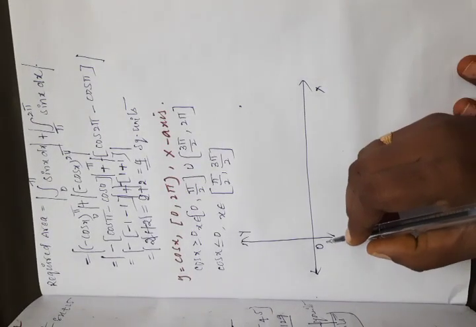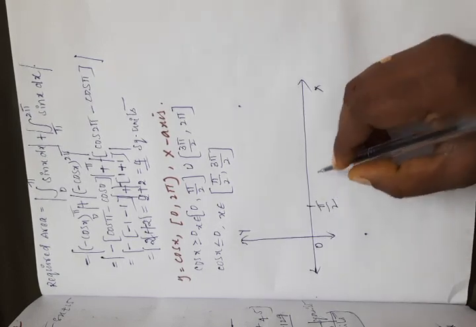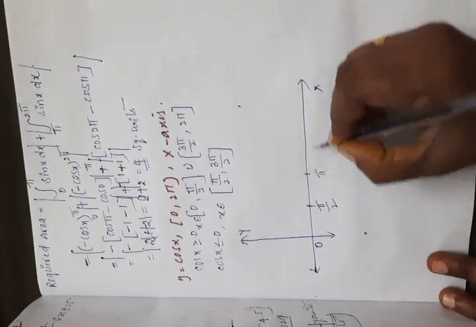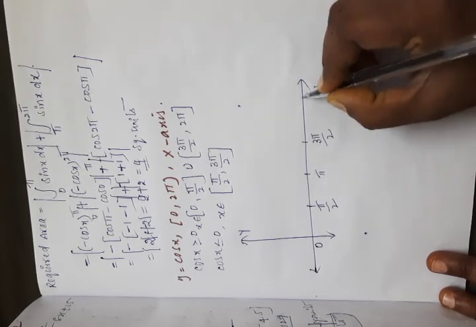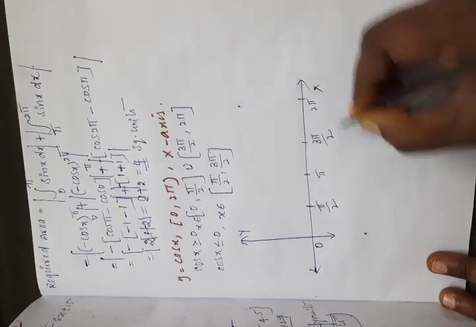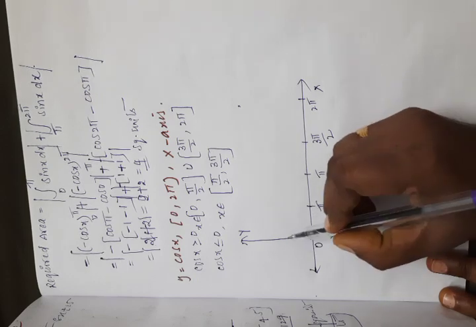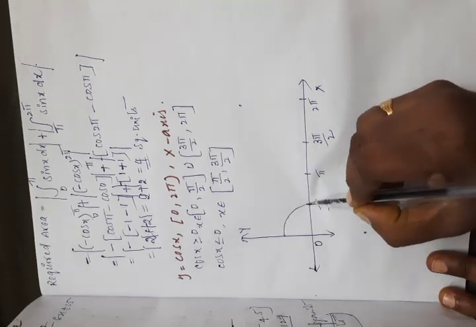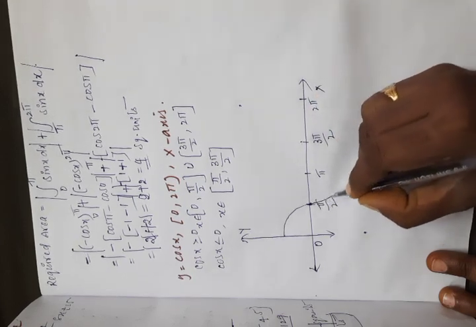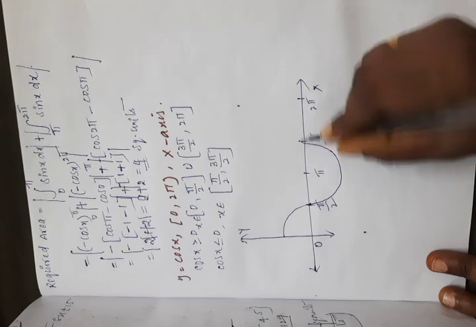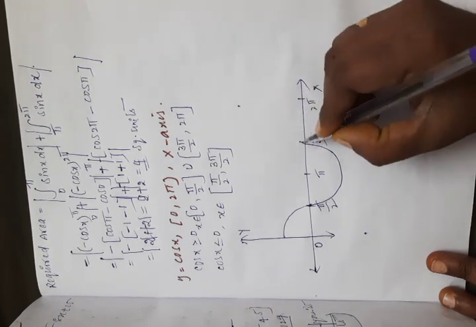This is pi by 2, this is pi, this is 3 pi by 2, this is 2 pi. Now from 0 to pi by 2, cos x is positive, so half. Next, pi by 2 to 3 pi by 2 is cos x negative. Next, 3 pi by 2 to 2 pi is again positive.